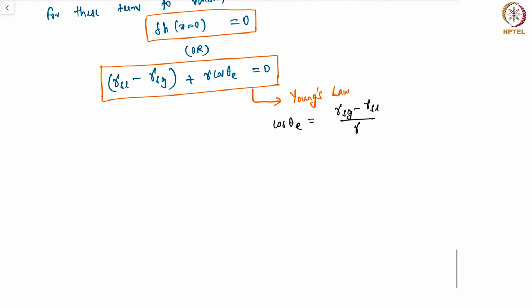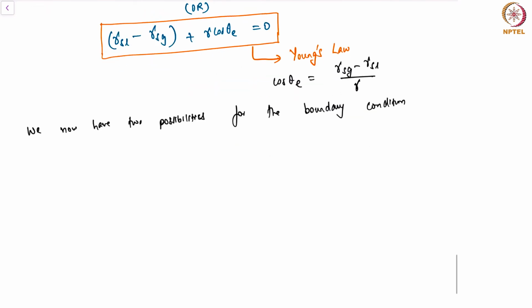So we now have two possibilities for the boundary condition at the contact line.